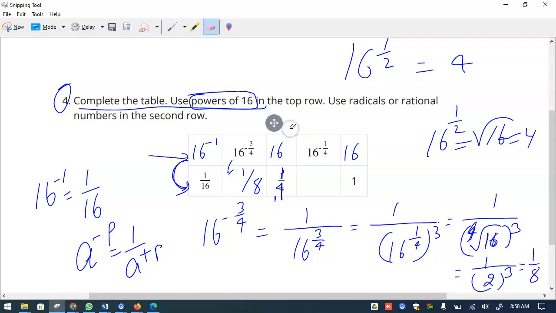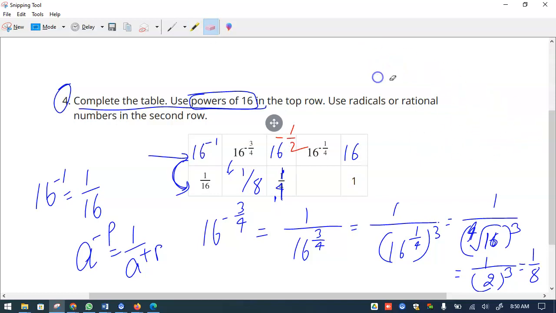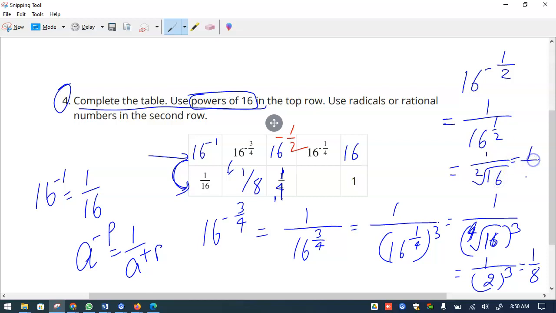So this has to be minus half. Let me show the steps of how that works. So 16 raised to minus half is the same as 1 over 16 raised to half. And that is the same as 1 over the square root of 16. And the square root of 16 is 4, and that fourth is right here.